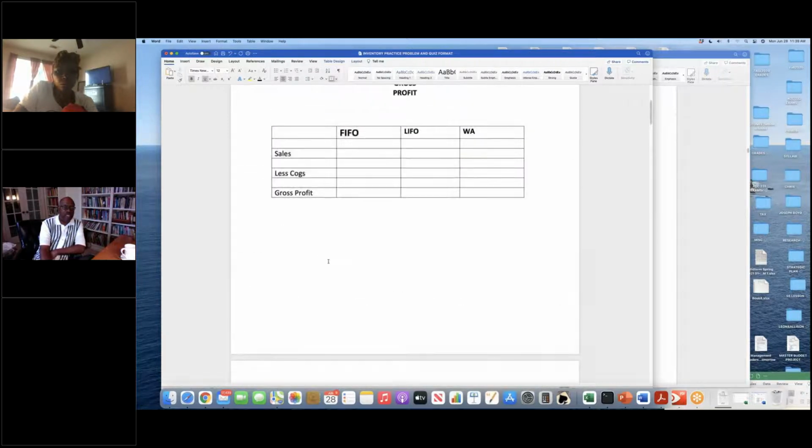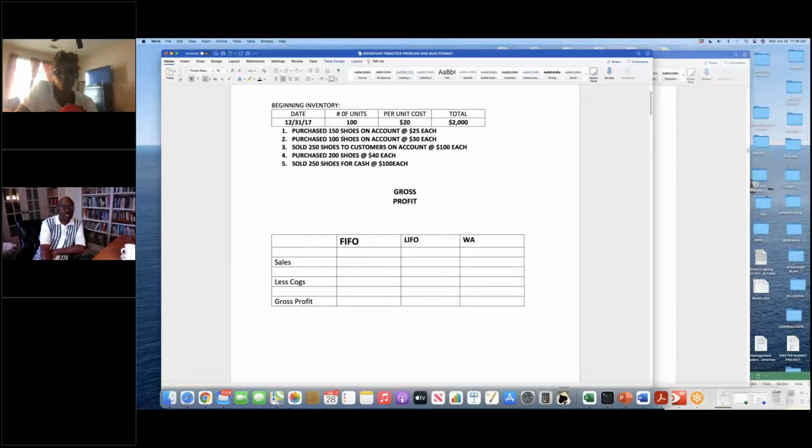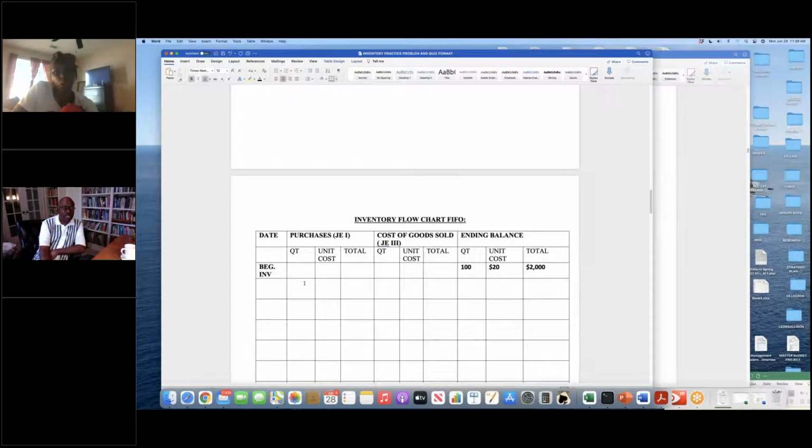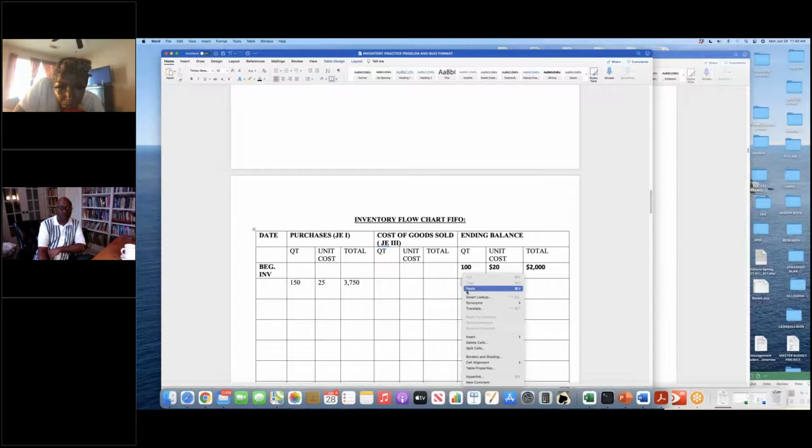So what we have to do now is take this information, 150 pairs of shoes at $25 each, $3,750. So we first purchase 150 pairs of shoes. The unit cost is what, $25, for $3,750? Yes, and we're going to transfer that over. So we transferred in what we bought.